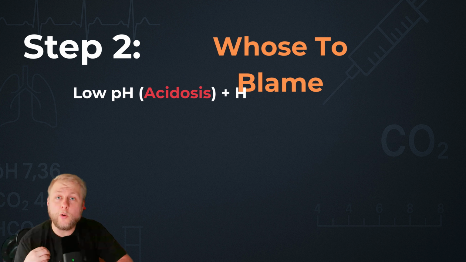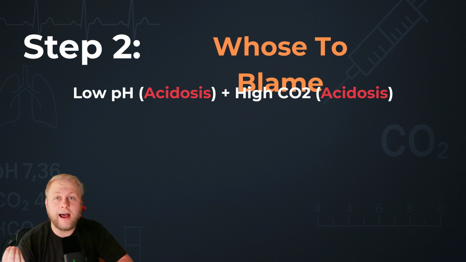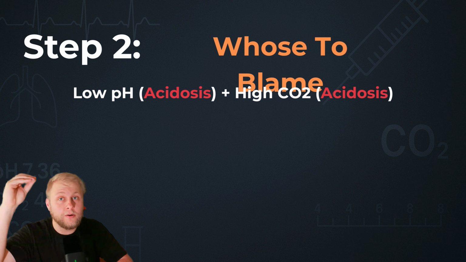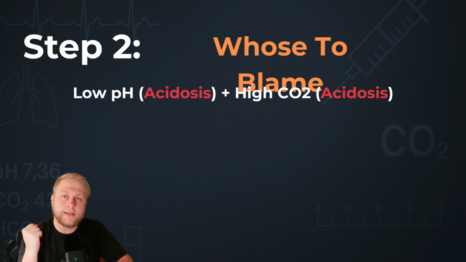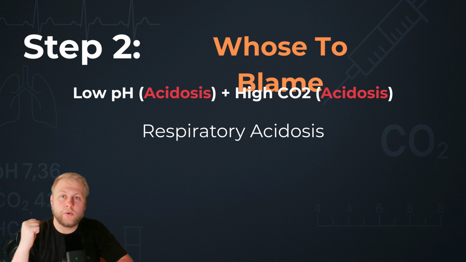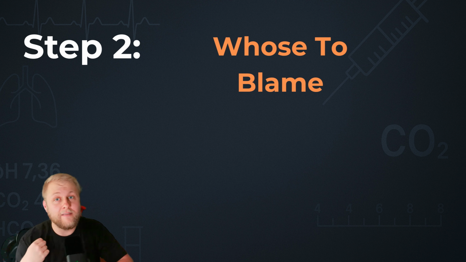So if we have a low pH, remember that is acidosis, and a high CO2, remember CO2, the more CO2, the more acidic. So low pH acidosis, high CO2 also acidosis. Both of those together make it a respiratory acidosis. Think about it. CO2, if it's the guilty party, it's respiratory acidosis. Now, go to the opposite side. I have a high pH.